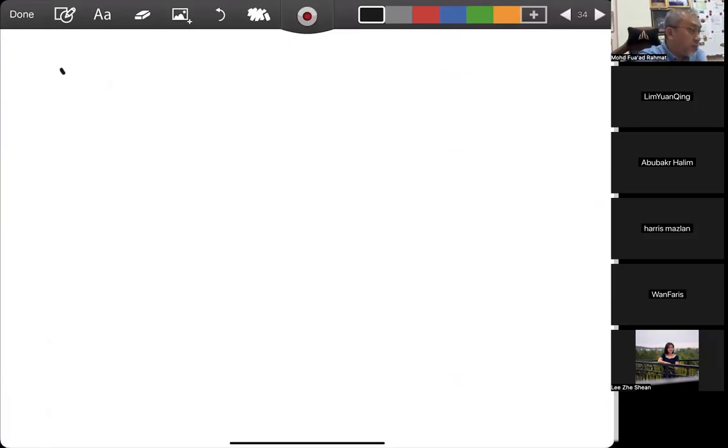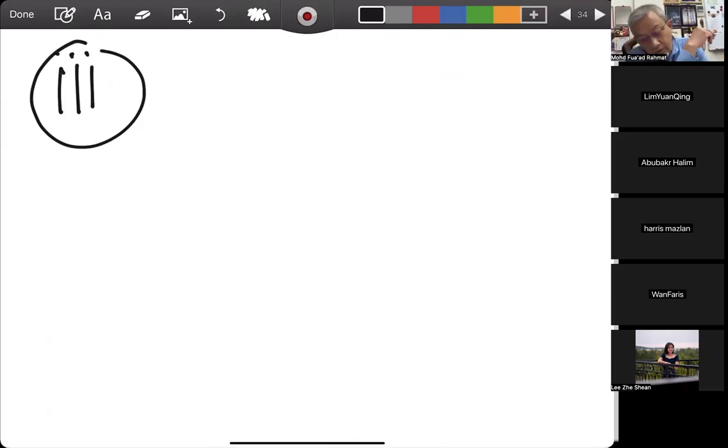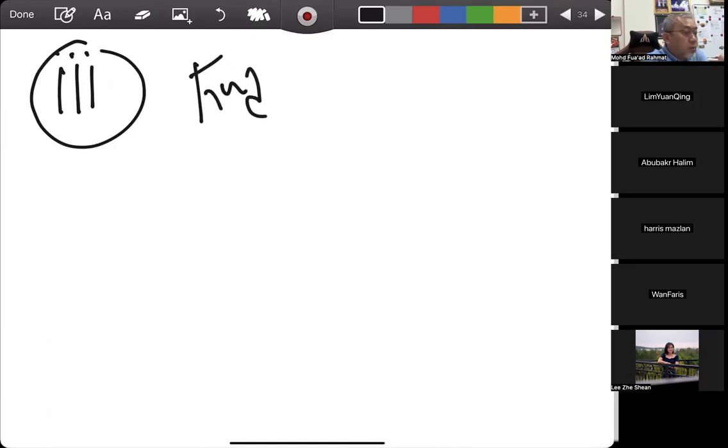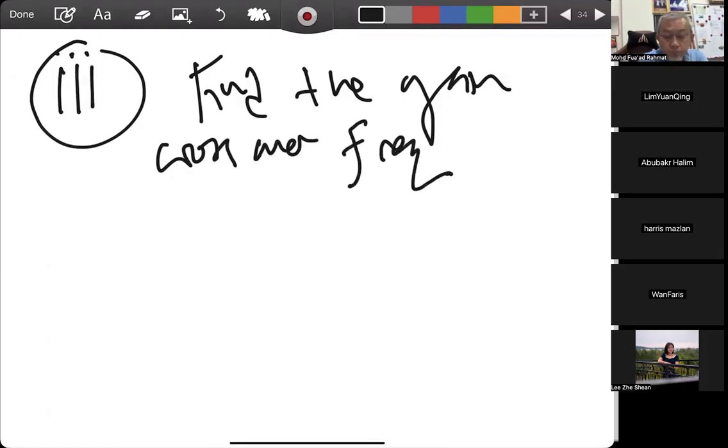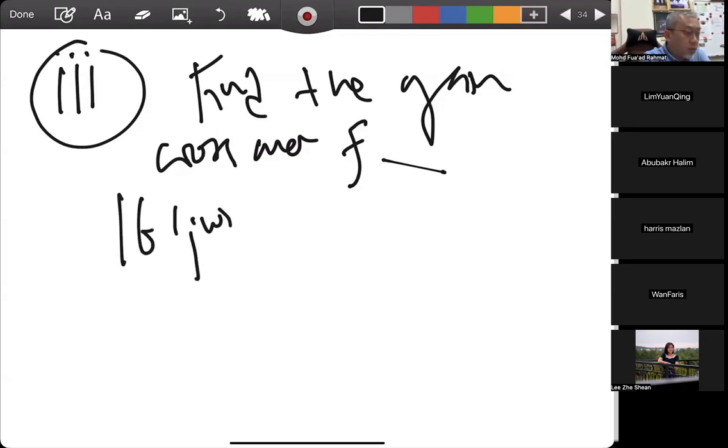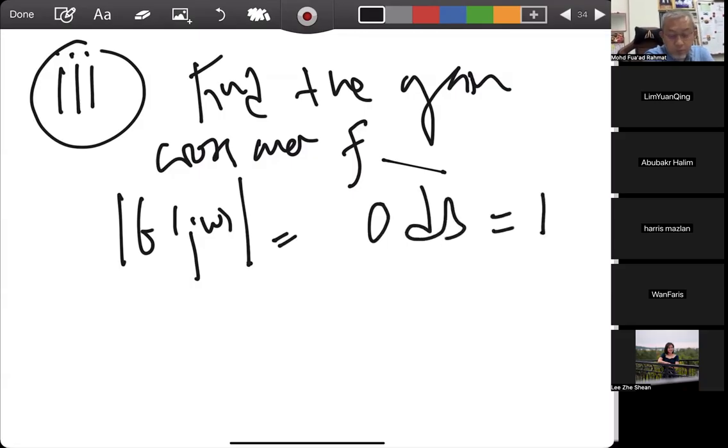Question number 3 is find the gain crossover frequency, when the G omega is 0 dB or 1.